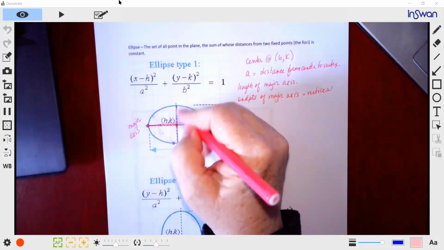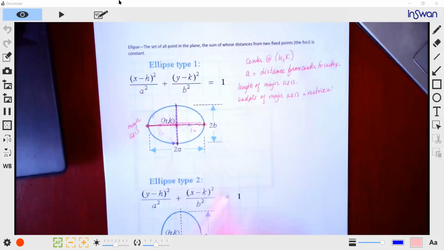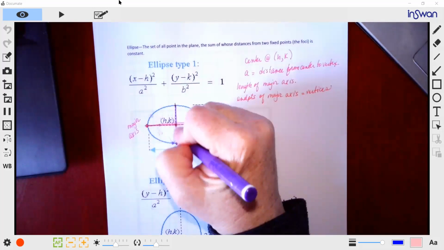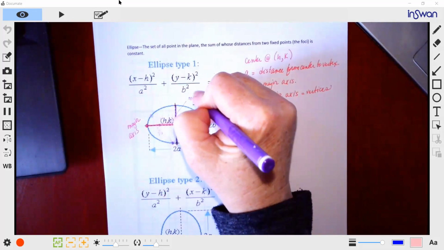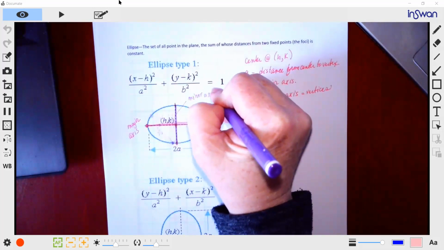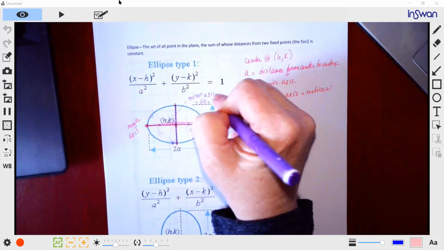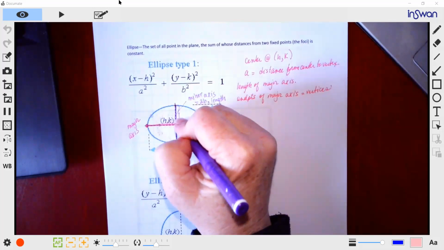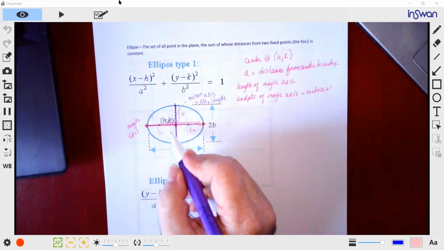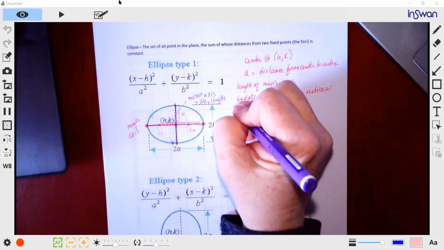Now, the shorter axis goes from this point to this point. That's what we call the minor axis, and its length is 2b. So this distance right here is b, and that's how far it is from center to the endpoint of a minor axis.